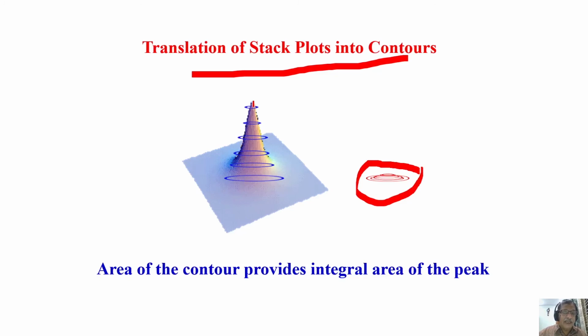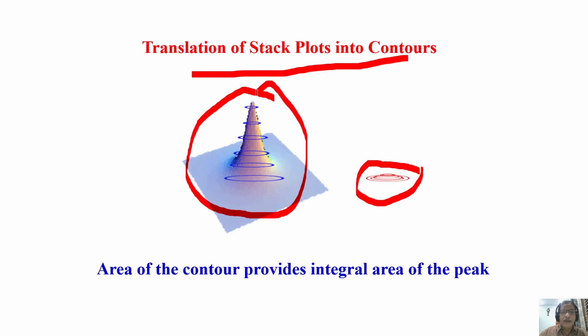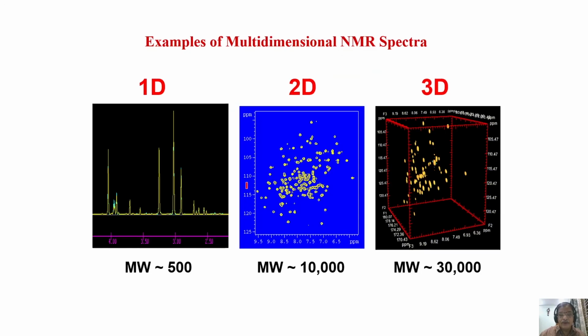The area of the entire peak here, as I said with the example of the mountain at different places, is taken and represented here. So the area of this entire peak corresponds to the area of this contour. The integral area of the contour is nothing but the integral area of this stack plot. This is what I wanted to show you.